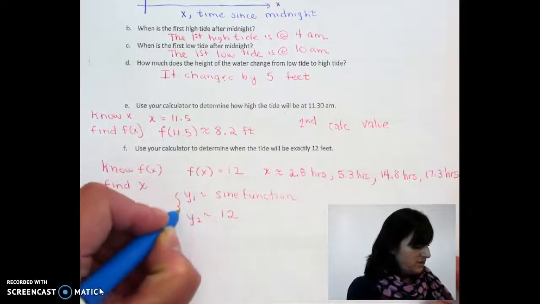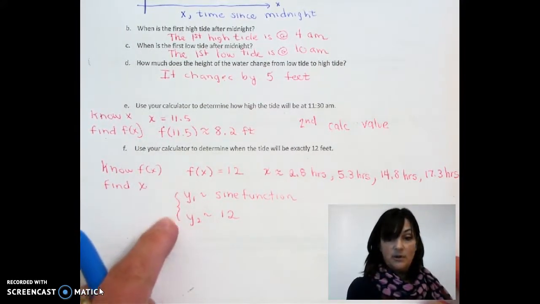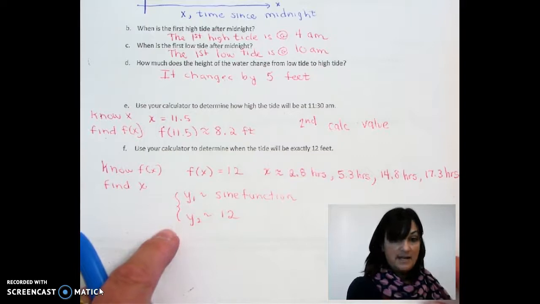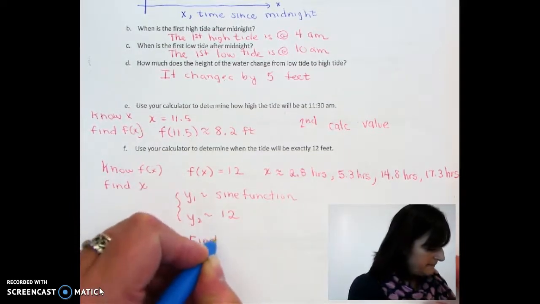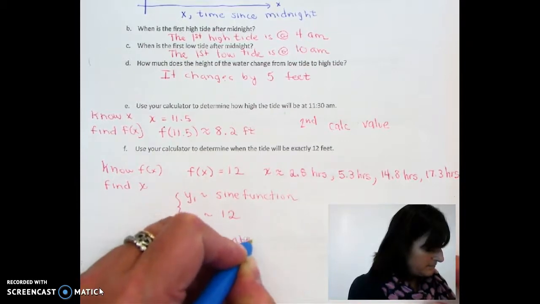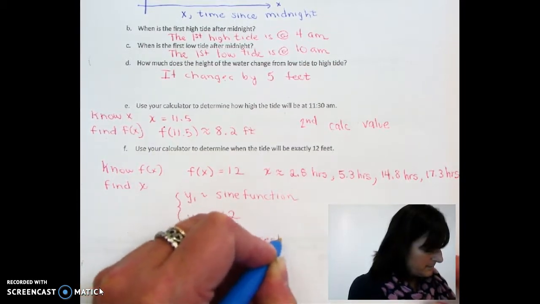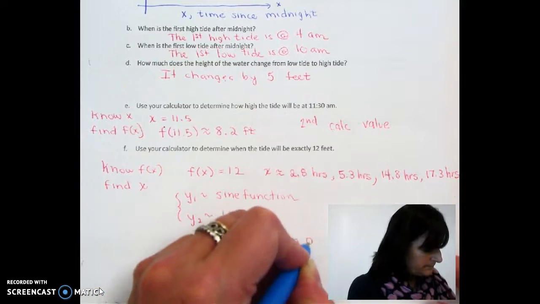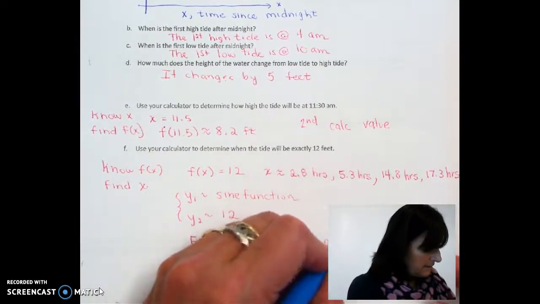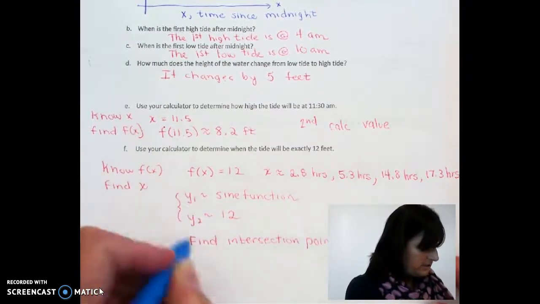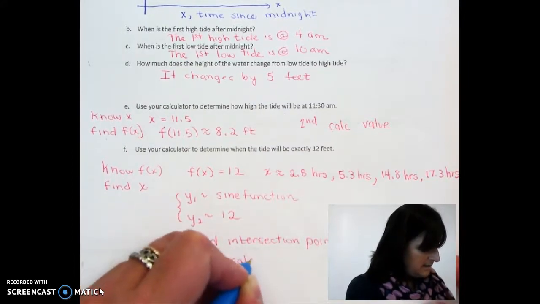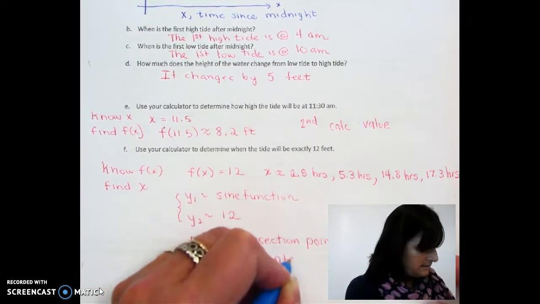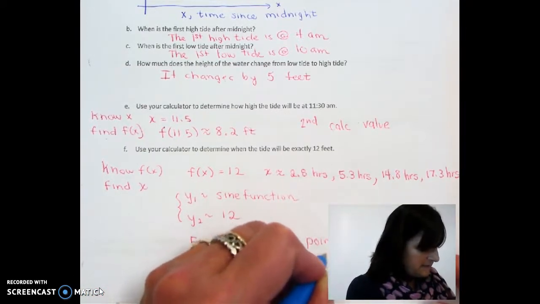We did that by entering each side of the equation, one side in y1, one side in y2, and then we found the intersection points of these two equations, and we used second calc intersect on our calculator to do that.